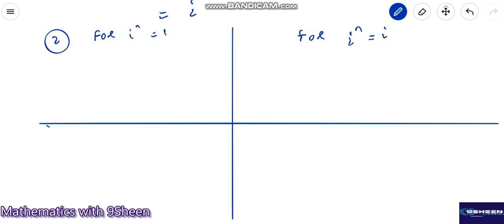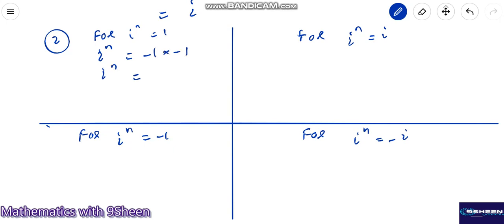Third part, iota power 4n is equal to minus 1. And the last part is iota power 4n is equal to minus iota, right? How can we write this? Iota power n is 1, means minus 1 multiplied by minus 1. Iota power n, minus 1 means iota square.